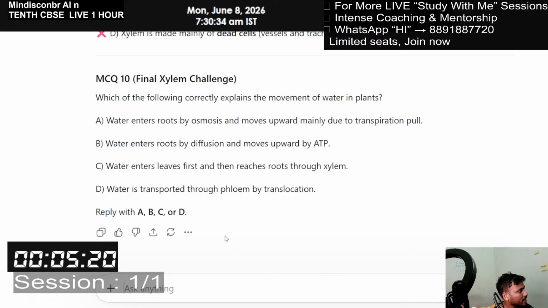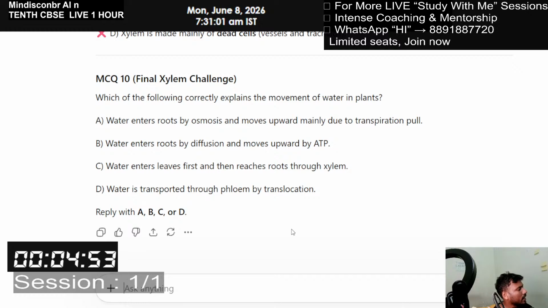Which of the following correctly explains the movement of water in plants? Water enters root by osmosis and moves upward mainly due to transpirational pull. Water enters root by diffusion and moves upward by ATP. Water enters leaves first and then reaches roots through xylem. Water is transported through phloem by translocation.